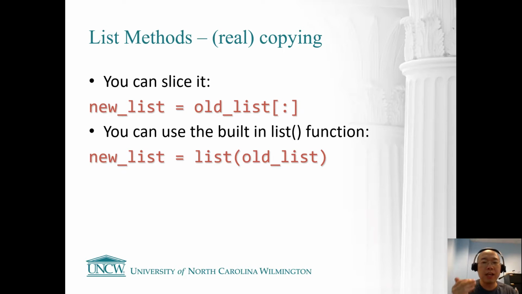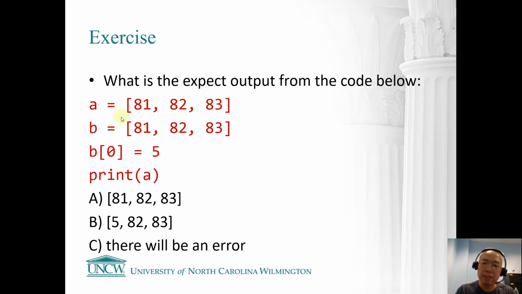When I say a real copy, I mean something like this: I assign 81, 82, and 83 to A, and another 81, 82, and 83 to B. In this case, A and B refer to two different lists that just happen to have the same values. So if you change B, A will remain unchanged. Here, it will be A, because A and B have exactly the same values but are two different lists.